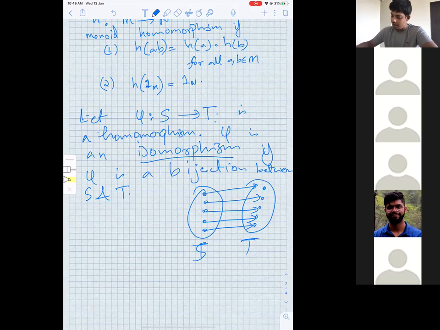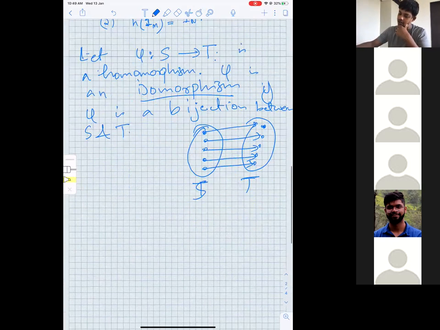If I rename each element of S with the corresponding element in T, I will not be able to distinguish them. Up to renaming, these two semigroups are the same. So usually when you talk about different semigroups, you only count them up to isomorphism. You will not distinguish objects which are isomorphic to each other. That's the standard practice.